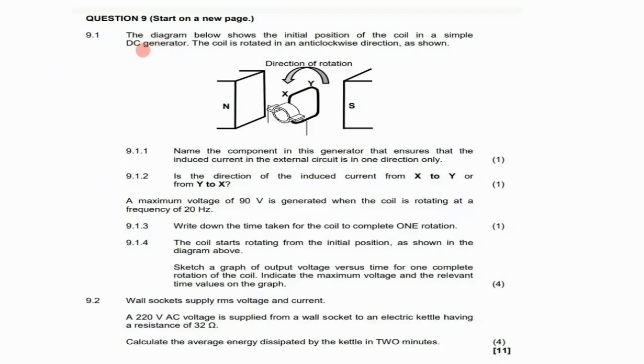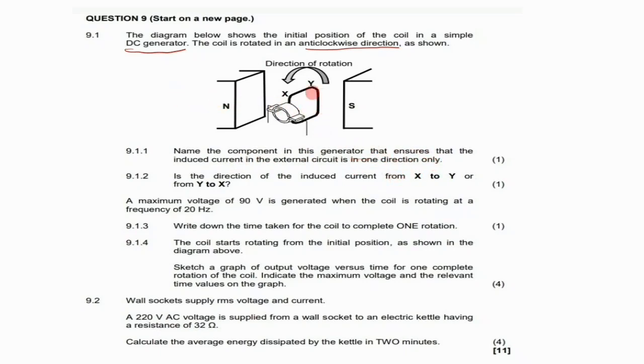In a simple DC generator, so this is a DC generator, the coil is rotated in an anti-clockwise direction as shown, right? As we can see here, this is an anti-clockwise direction. Then 9.1.1 says name the component in this generator that ensures that the induced current in the external circuit is in one direction only, right?